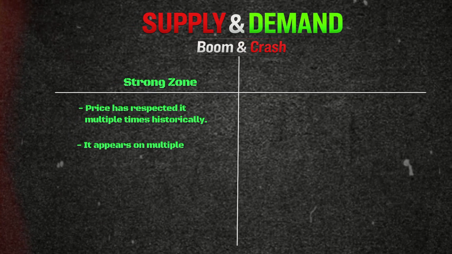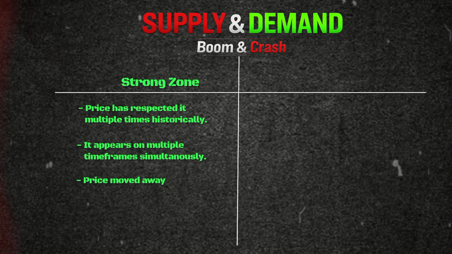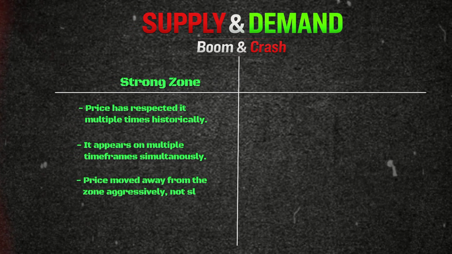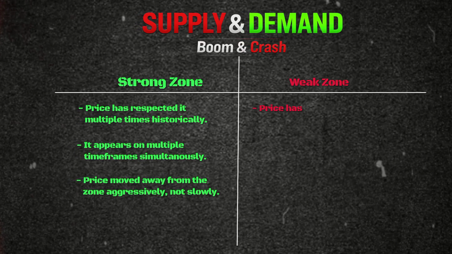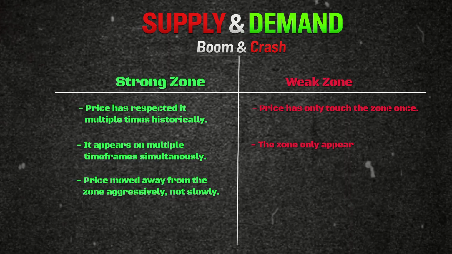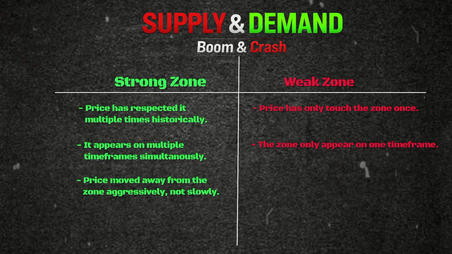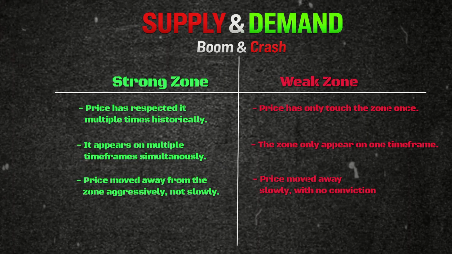It appears on multiple time frames simultaneously, and price moved away from it aggressively, not slowly. And for the weak zone, price has only touched it once. It only appears on one time frame. Price moved away slowly with no conviction. Always trade the strong zones and ignore the weak ones.